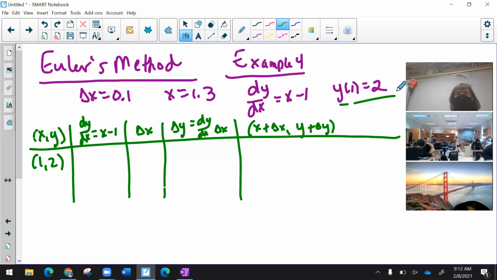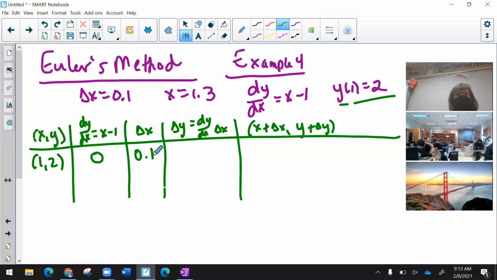So if x is equal to 1, what is dy/dx equal to? 0, right? Delta x is 0.1, because I'm given that. You will be given that. You will be told this is the increment you should use.